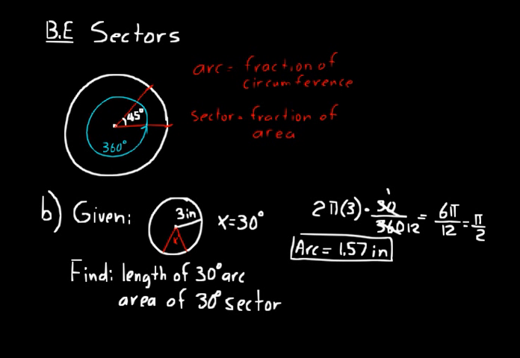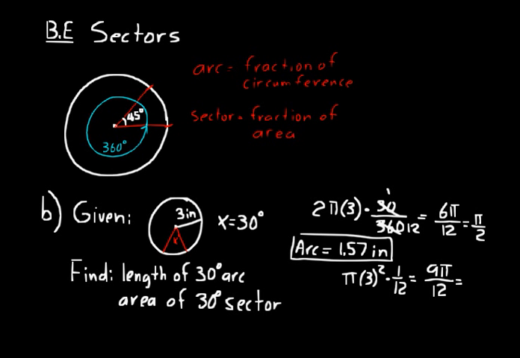Now the area of that sector is a fraction of the entire area. It's a 30-degree sector, so it would be 30/360ths of the total area. Figure out your total area, which is pi times the radius squared, which is 3 squared, and then times 30 over 360 again, or let's go ahead and say times 1/12. So that's equal to 9 times pi divided by 12.